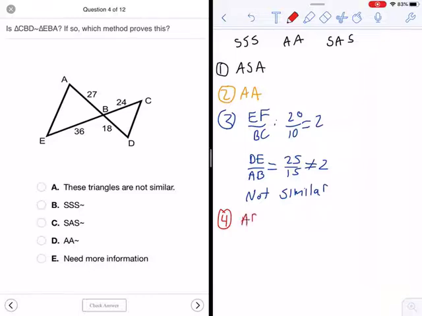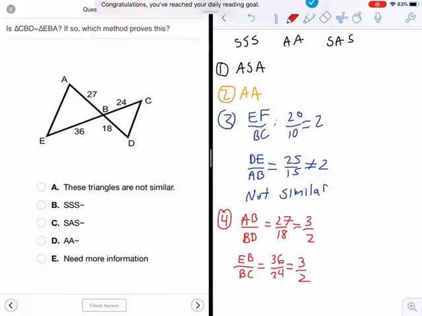Now, AB over BD is going to be 27 over 18, which is 3 over 2. EB over BC is going to be 36 over 24, which again reduces to 3 over 2. And then angle B, we got angle ABE and angle CBD in the middle.